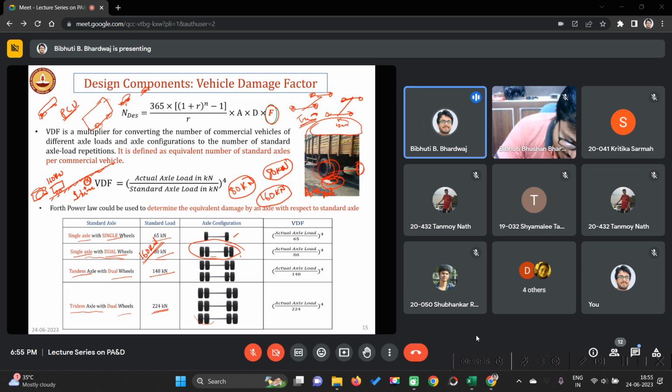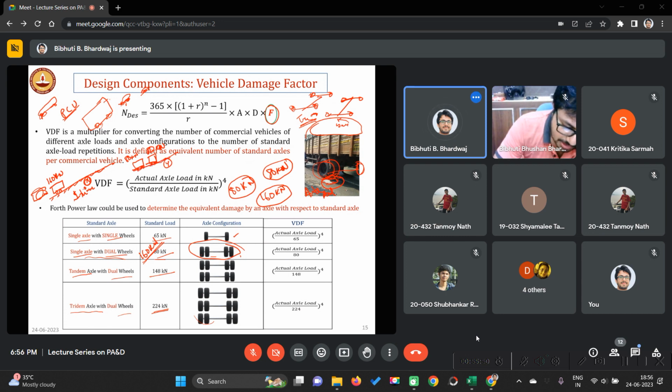Now suppose I have reduced the weight by 50%. Now it is 80 kilonewton.